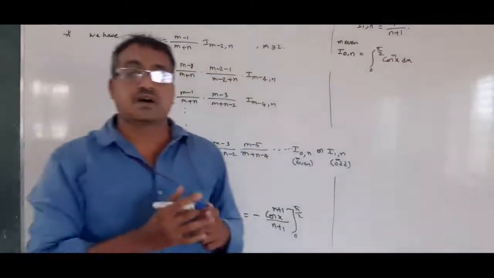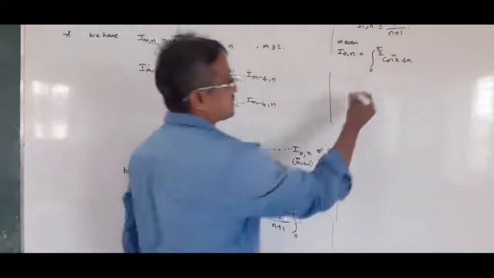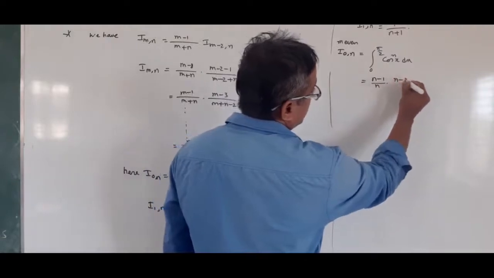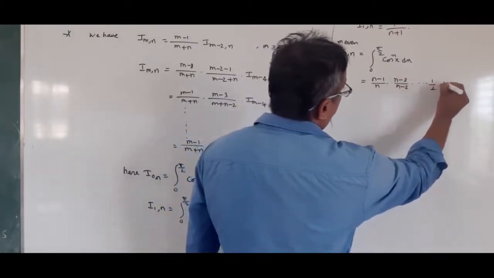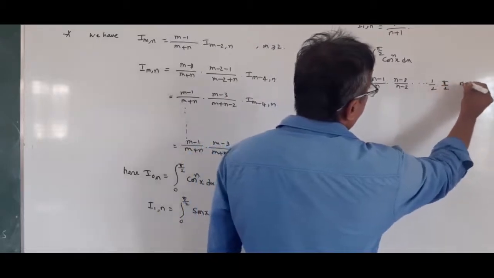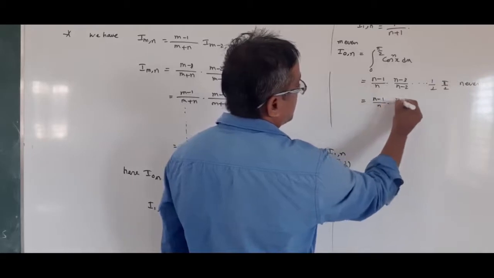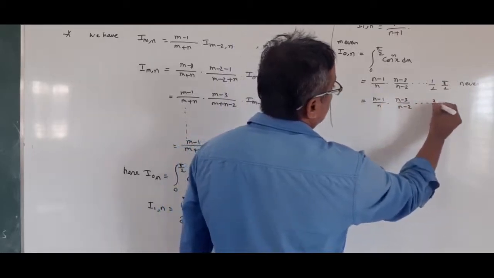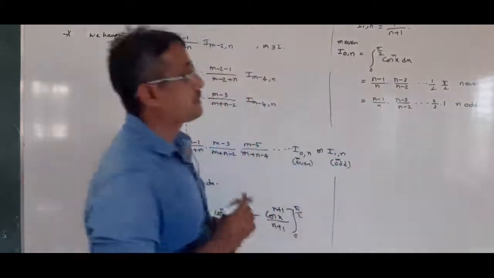We have the formula: you have to write like this, (n-1)/n, (n-3)/(n-2) and so on, 1 by 2 into pi by 2 when n is even; (n-1)/n, (n-3)/(n-2) and so on, 2 by 3 into 1 when n is odd.